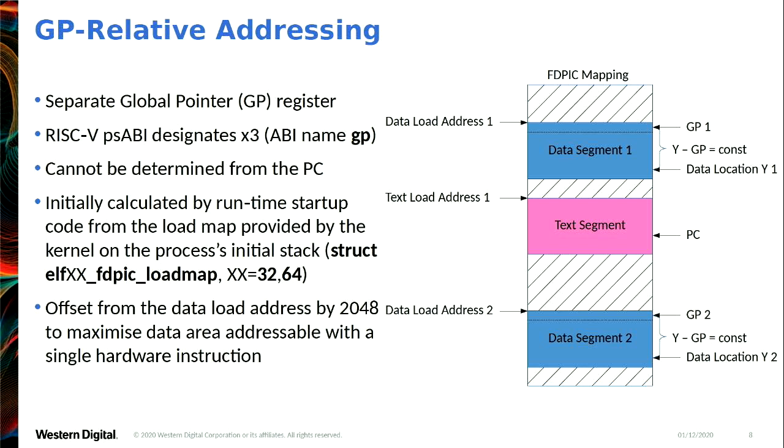We have a 12-bit immediate offset available for ALU instructions for the addition and the memory access instructions. So we'll be offsetting the value in the GP by 2048, so that if we have a small data segment, we can address it directly off the GP register.